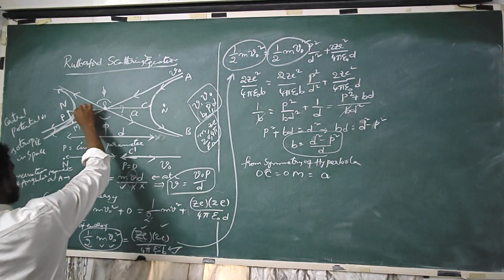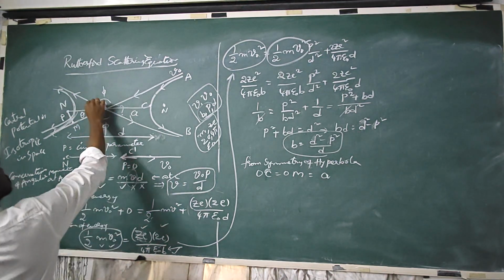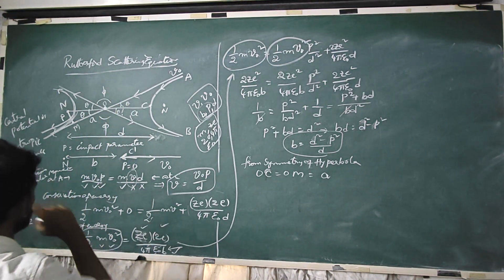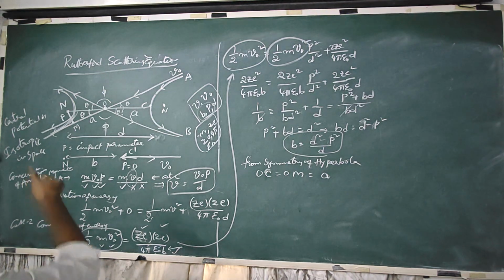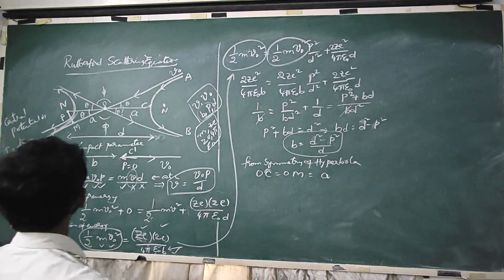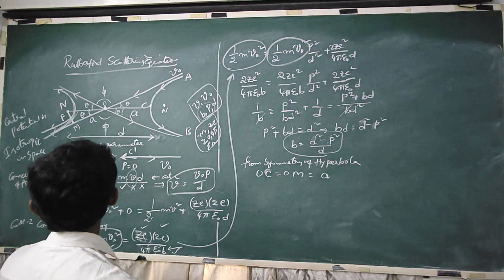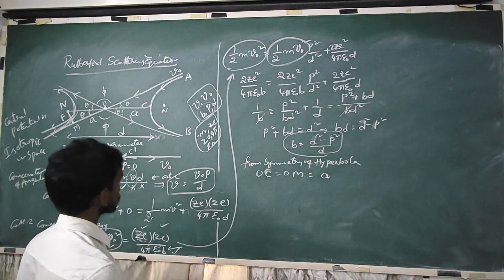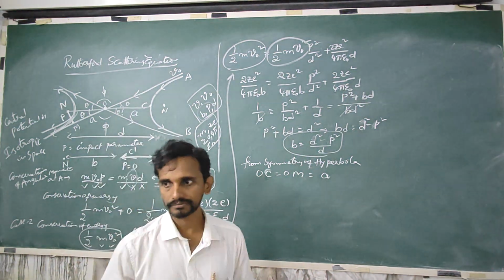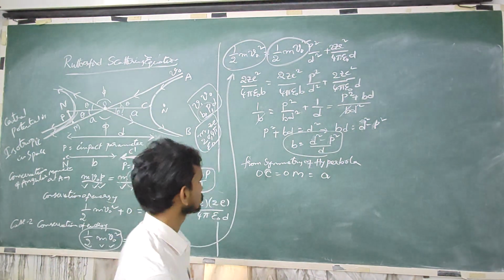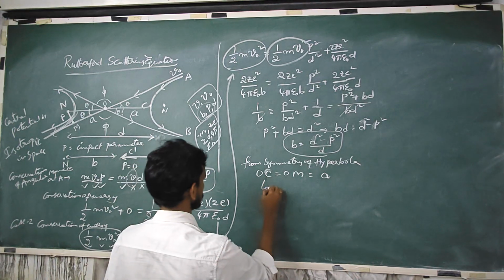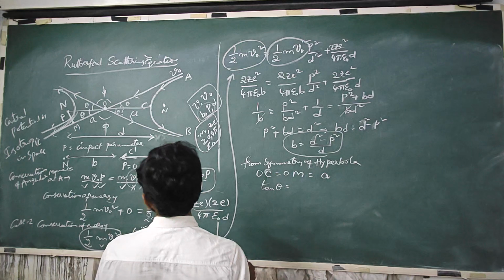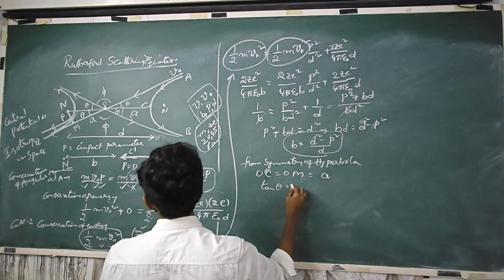Let's say this angle is theta. This angle is theta. Then what is that? P is equal to Mn. So let's say if you write tan theta, opposite side, Mn by Mo.